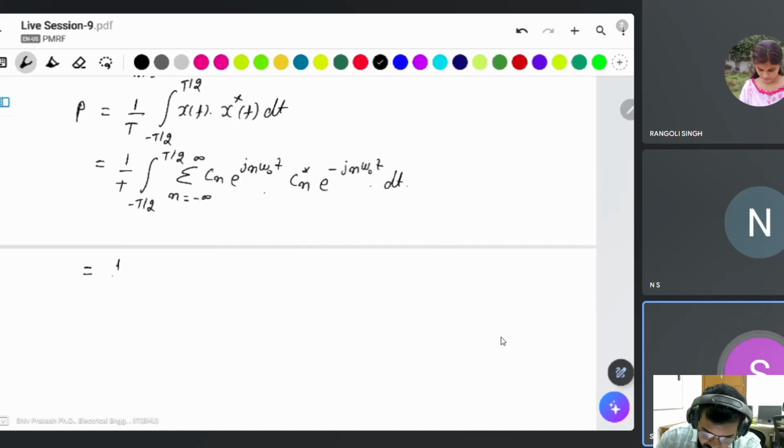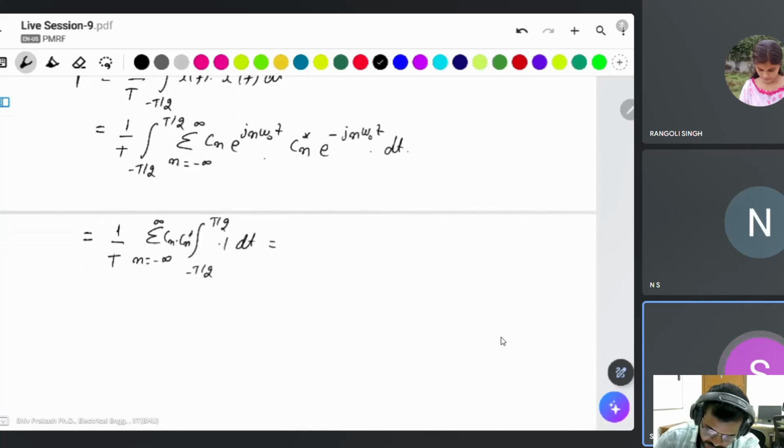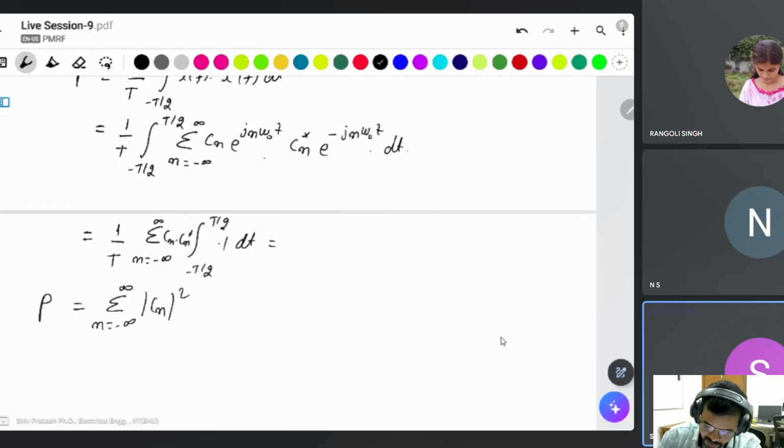This will be 1 by T, summation of n equal to minus infinity to infinity, integration from minus T by 2 to T by 2 of 1 only, since e to the power j n omega t times e to the power minus j n omega t is 1. T cancels out, so it is Cn into Cn complex conjugate. It means P is the summation of n equal to minus infinity to infinity of the magnitude of Cn squared.